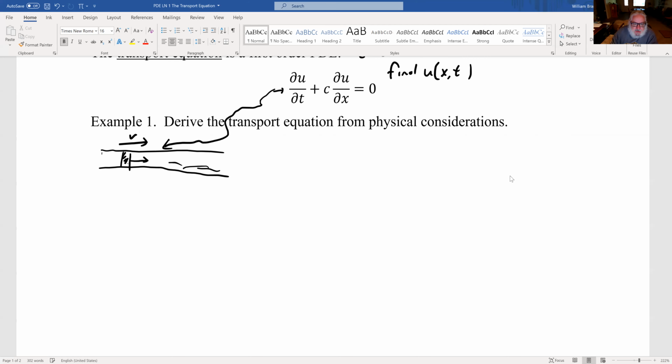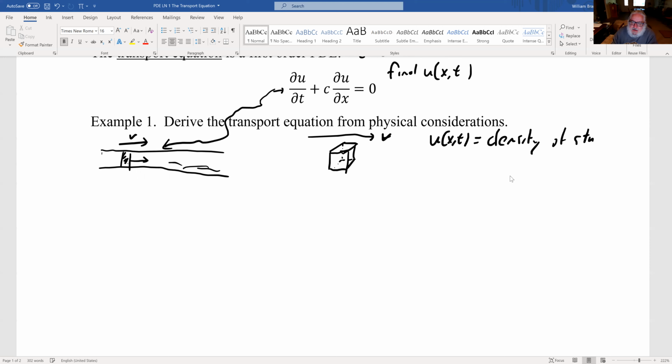The idea is that if you think about a physical block in the river, right? So the river is flowing, or the stream is flowing that way, v, and we set u of x comma t to be the density of whatever stuff we're looking at.